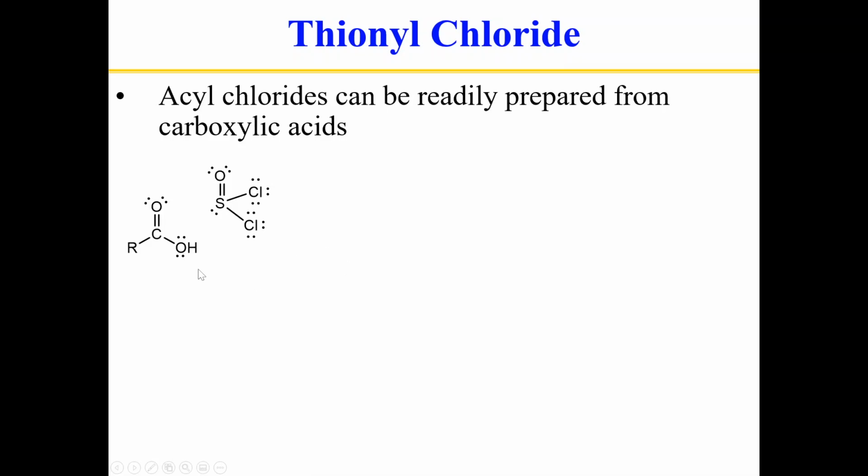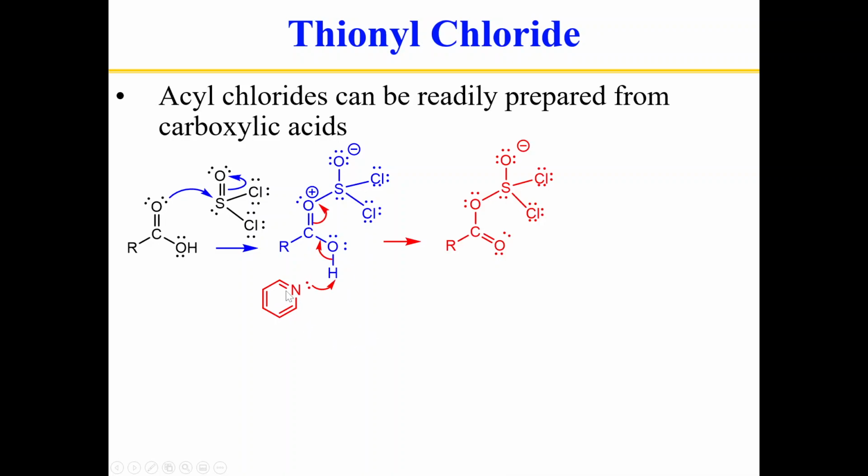In the first step of the mechanism, remember that the oxygen associated with the carbonyl carbon pushes into the sulfur and breaks the weakest bond on the sulfur. That's the pi bond. We end up with this large complex. I have drawn this hydrogen here suggestively to show that in the next step, the pyridine base is going to come over here and rip that hydrogen off.